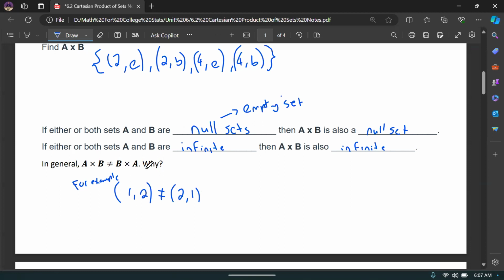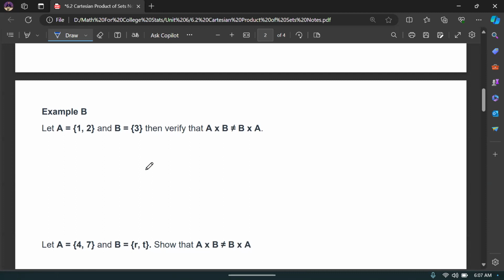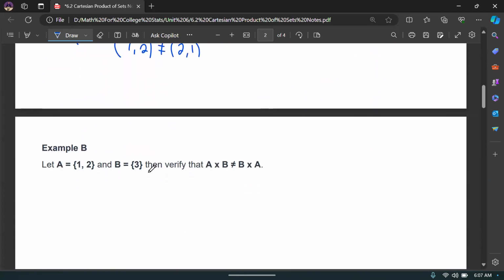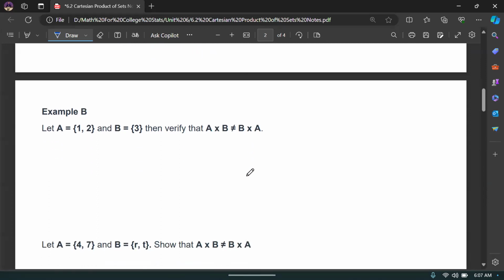So I think we're gonna prove that next. I was gonna use a previous example to explain it, but I guess we'll just prove it next. So we'll just go on to the next one. We'll prove why that is, right? This is then to verify that this is the case. So we're gonna just prove here why A times B is not the same as B times A.